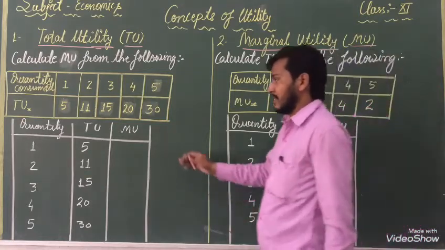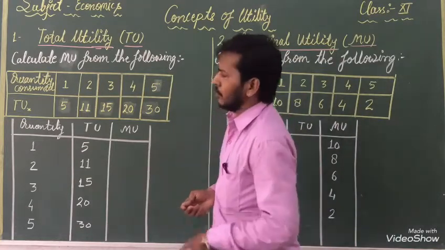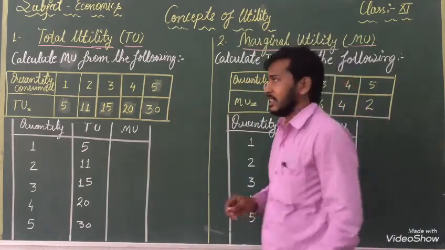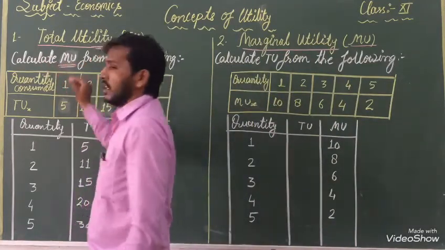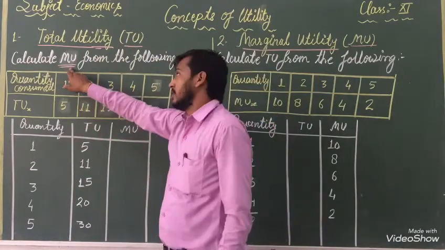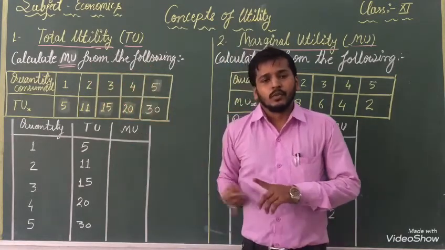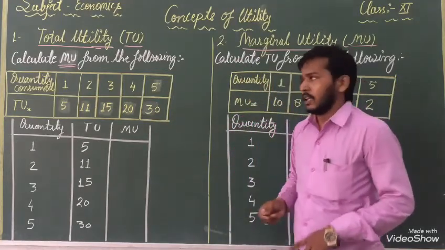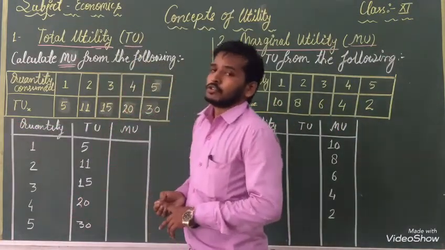With the help of this table, we can solve it. Dear students, I have written one question in front of you: calculate MU. MU means marginal utility. How can we calculate marginal utility from the following table?